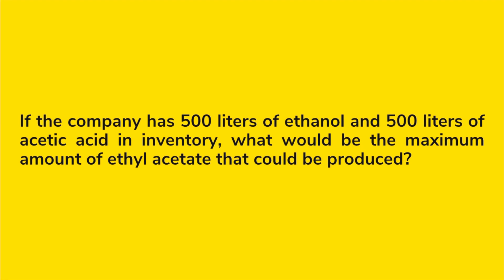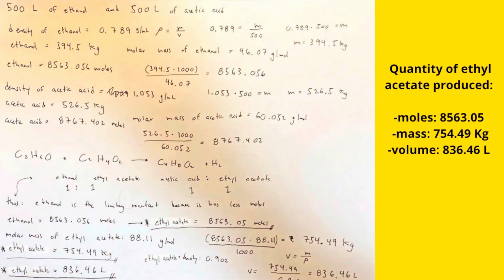If the company has 500 liters of ethanol and 500 liters of acetic acid in inventory, what will be the maximum amount of ethyl acetate that could be produced? To solve this, first we have to know which is the limiting reactant. After the equation that is shown in the image, we get the amount of moles of each reactant. Because the two reactants have a ratio of 1 to 1 to product, the one which has fewer moles is the limiting reactant.